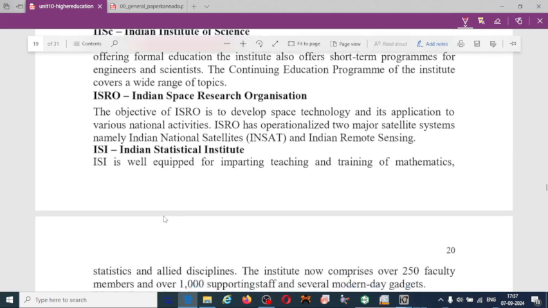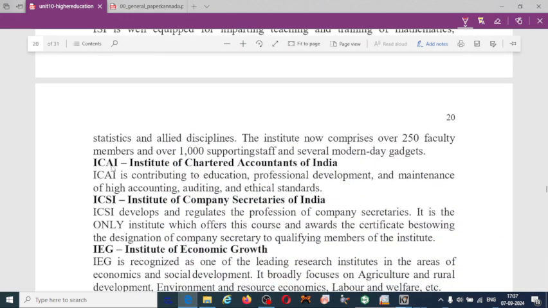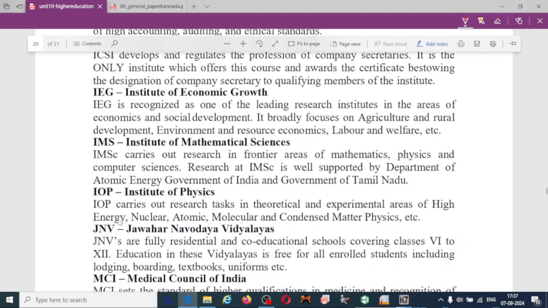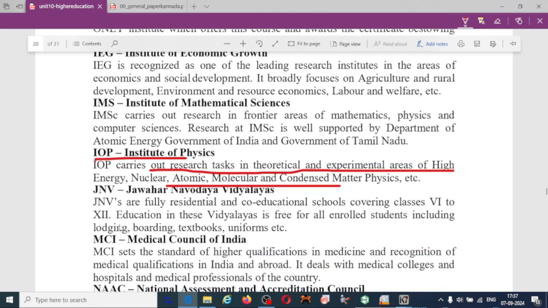ISI, Indian Statistical Institute. ICAI, ICSI, IGE, IMS, IOP, Institute of Physics, carries out research tasks in theoretical and experimental areas of higher energy, nuclear, atomic, molecular, and condensed matter physics.